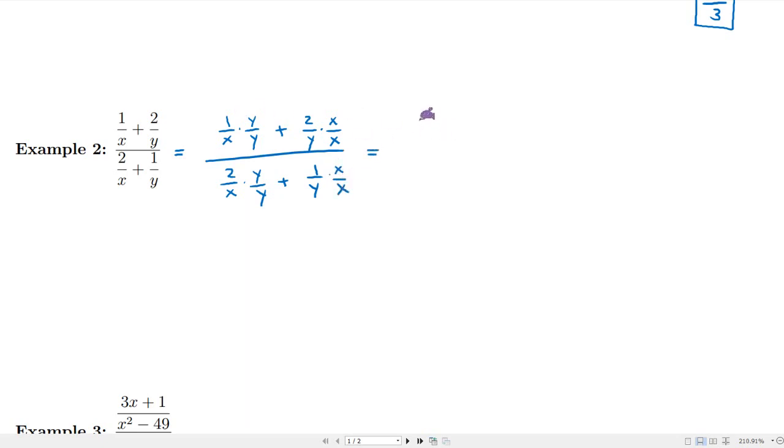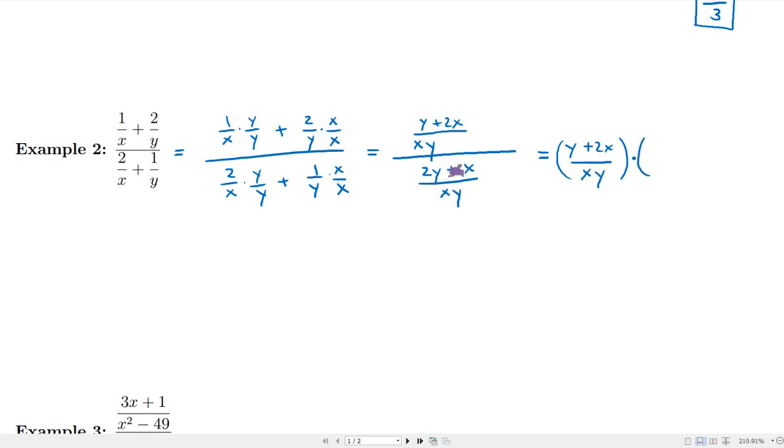So what do we have? Numerator is y/xy plus 2x, and then we're going to divide by 2y plus x over xy. Okay, now the trick again, if you have fraction divided by fraction, is take the top fraction, the y plus 2x over xy, and we're going to multiply by the reciprocal of the denominator, so xy divided by 2y plus x.